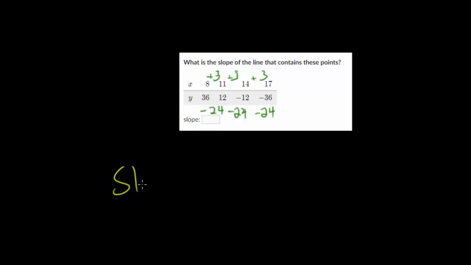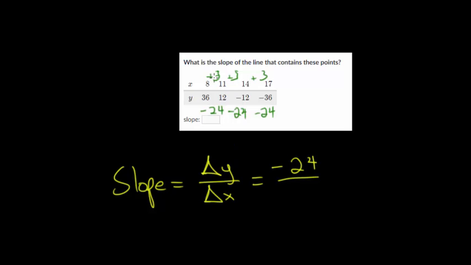So our slope here, our change in y values over our change in x values. For the y values from one point to the next, they are changing by going down 24. For the x values from one point to the next, they are changing by going up 3. So minus 24 divided by positive 3 would just be minus 8.